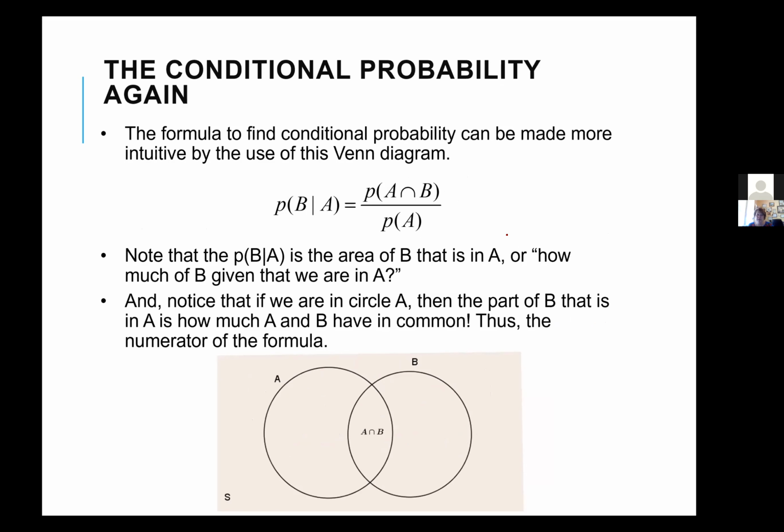And the Bayes theorem for that conditional probability is the probability of A and B occurring, so both of them occurring at the same time, divided by the probability of A occurring. So in our Venn diagram, the probability of A and B would be the area of that slice where they overlap, divided by the entire area of the circle A.